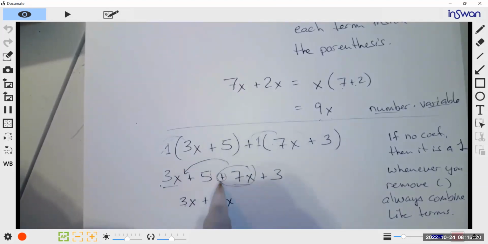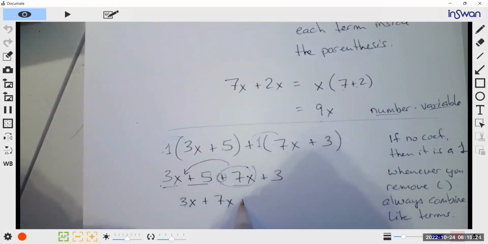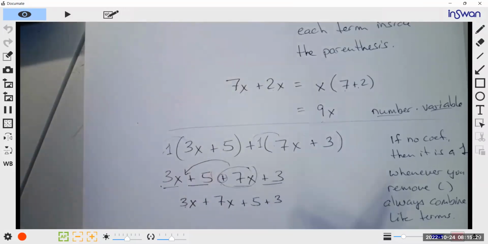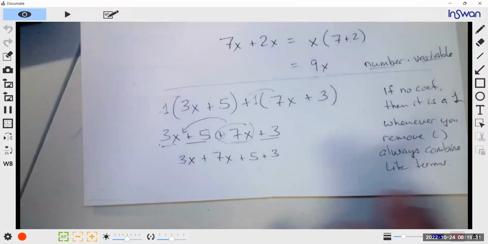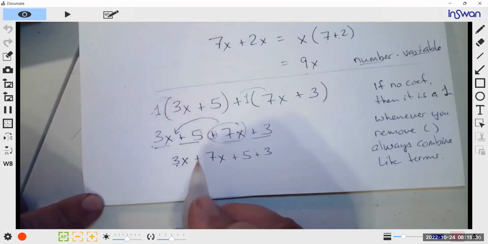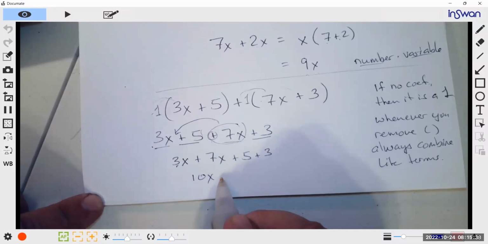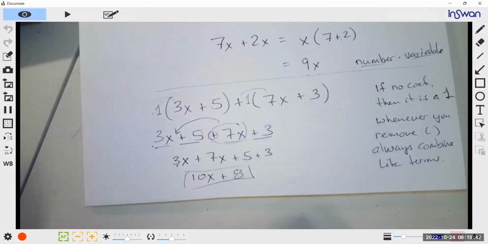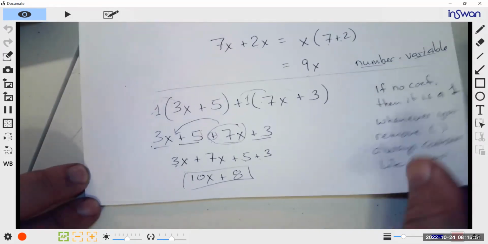So it's 3x plus 7x. Because you have to have a sign, an operation in front of it. It tells me what to do. Now we combine like terms. 3x plus 7x is 10x. 5 plus 3 is 8. And there's your answer. Can't go any further. All right, let's look at an even bigger one.